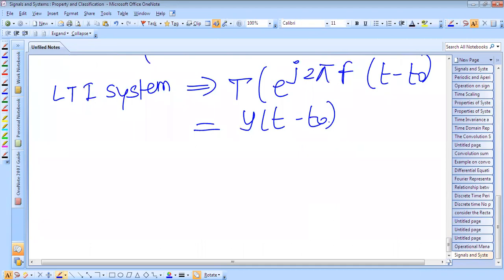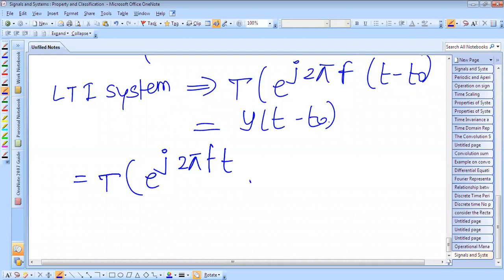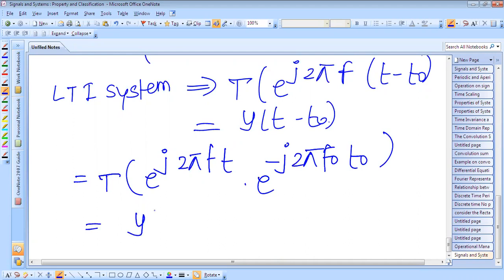Therefore, T of e raised to power j 2 pi f naught t into e raised to power, we are just separating the terms, minus j 2 pi f naught t0 will appear here. And this is the output y of t minus t0. So this we can call a scaling factor alpha.